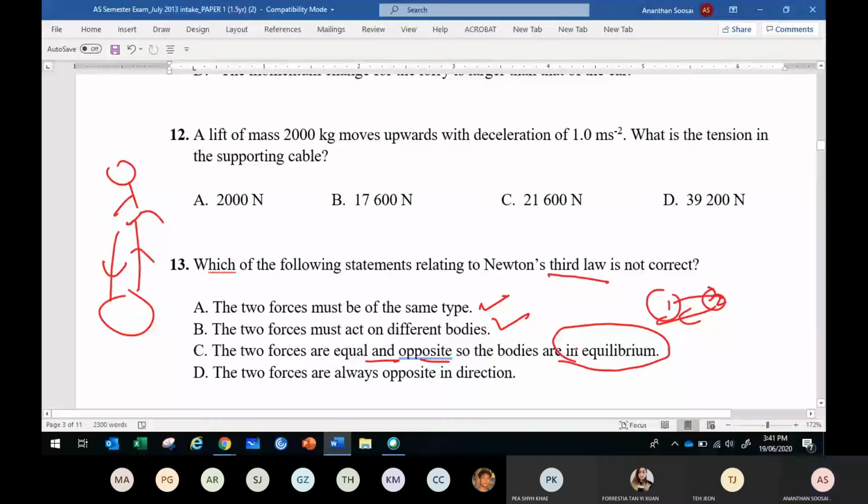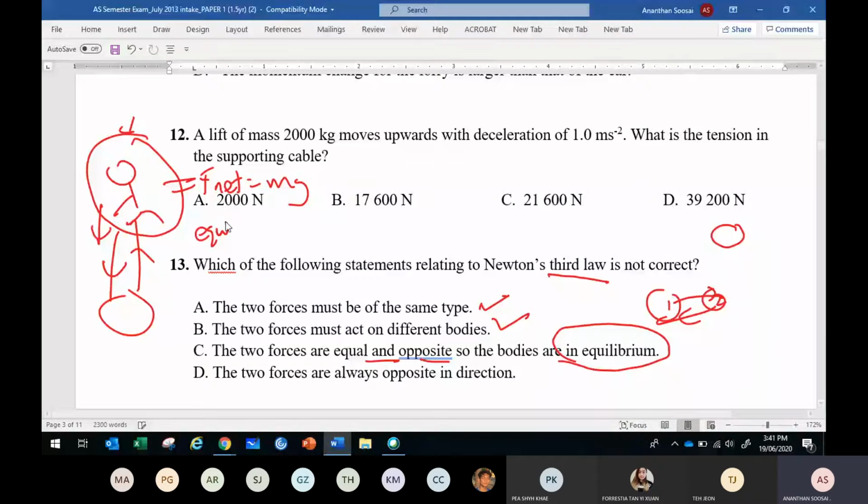Because let's say you take this body, you are moving downwards to the earth. Are you in equilibrium? The earth pulls you down. You have a net force. Your net force is your weight. So you are not in equilibrium. So the two forces are equal and opposite, but the body is not necessarily in equilibrium.